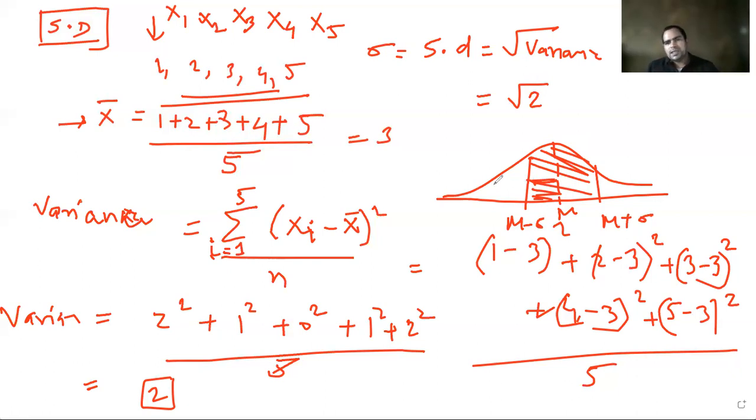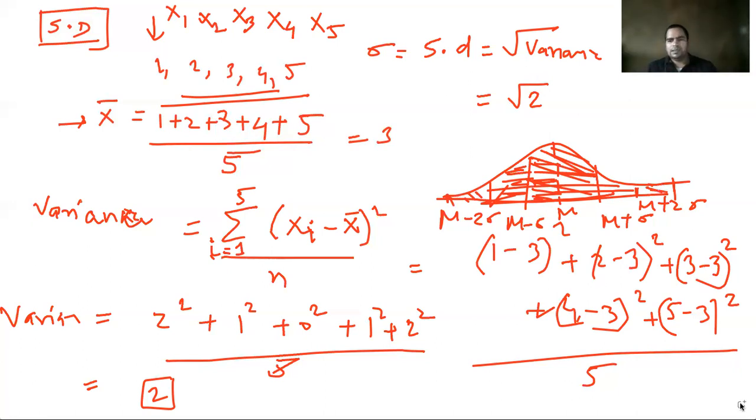If I go 2 standard deviations away from the mean, mean minus 2 sigma and mean plus 2 sigma, close to 95% of the values will be in that interval. And if you go 3 standard deviations away from the mean, 99% of the values will be in that interval. So this is the significance of standard deviation.